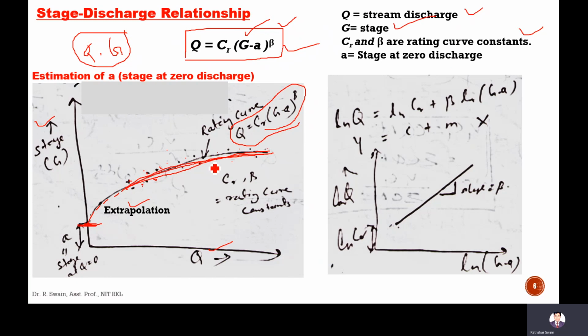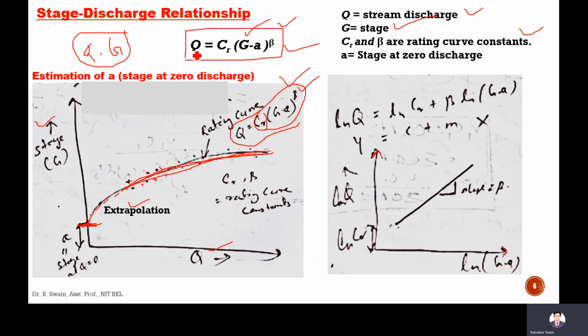There are different equations: linear, quadratic, power and exponential. We can convert this into power form. Once we have this equation, our work is to find C_R and beta. They can be obtained if we plot a graph between ln Q and ln (G minus A).